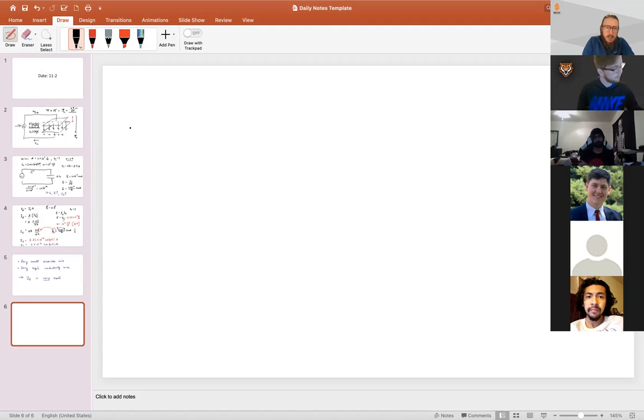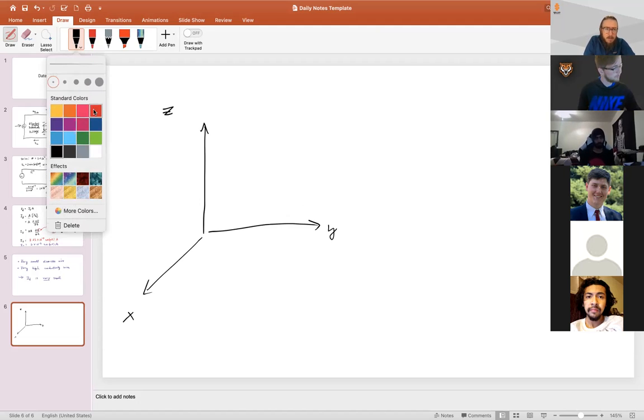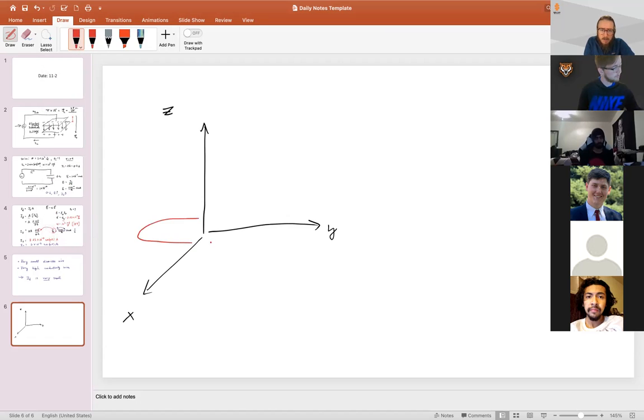Let's imagine, see if I can draw this better. So we did this. We solved for the electric field of this ring, right?